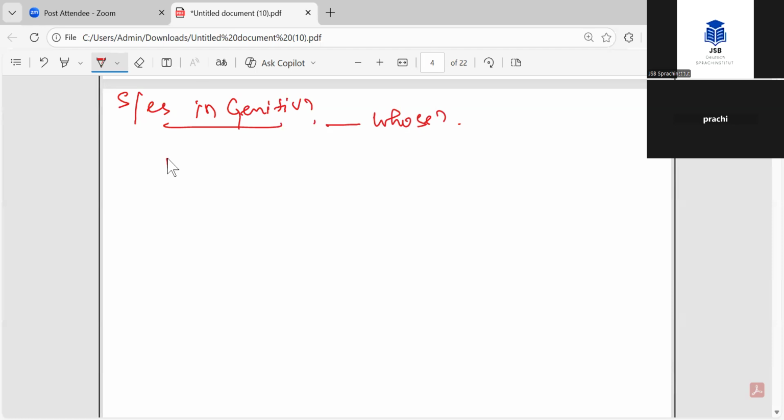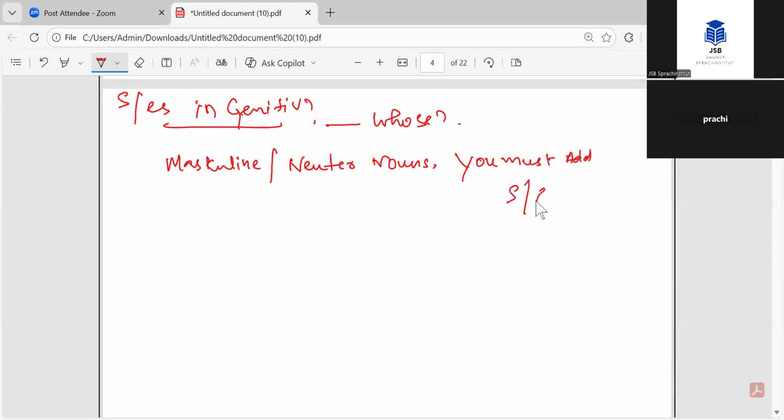So now for masculine and neuter nouns, you must add s or es. Okay, for which one? Only in masculine and neuter genitive cases can you add s or es to the noun.